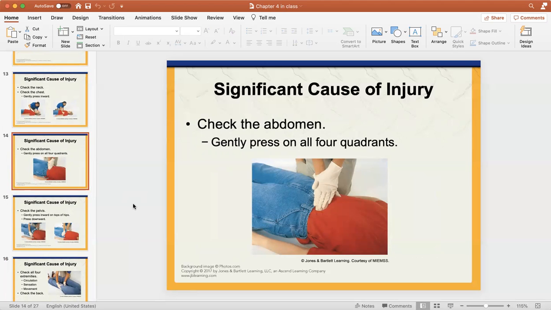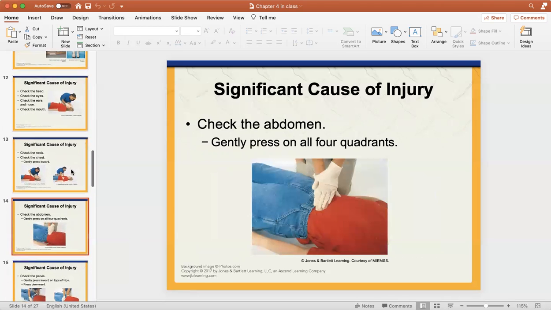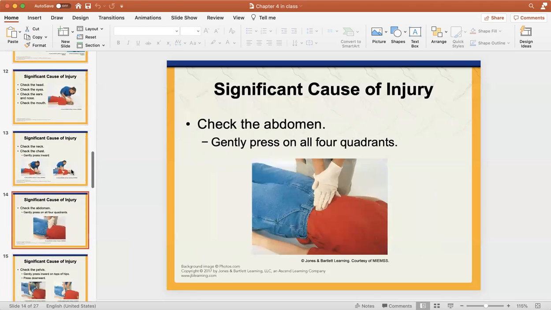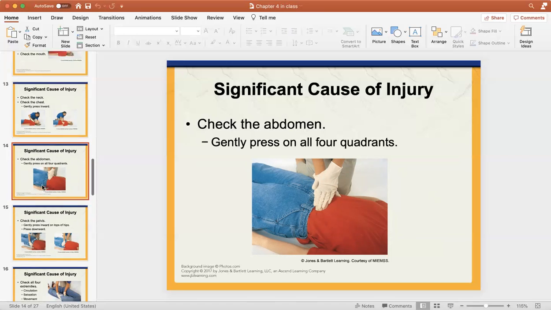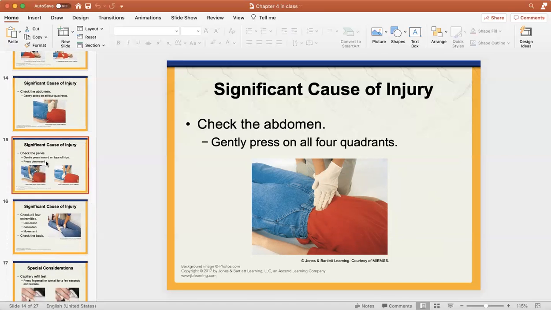Then we're going to move to the abdomen. Again, we're going to go for DOTS. So we are looking for the deformity, open wounds, tenderness, and swelling. We're gently going to press on all four quadrants. So you are going to separate the abdomen into 4 different quadrants. You're going to press down with gentle pressure in those areas, see if you can feel anything, or if they complain of any type of tenderness or pain in any of those areas.